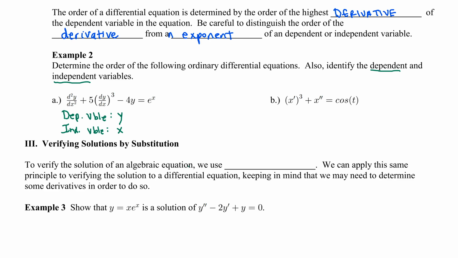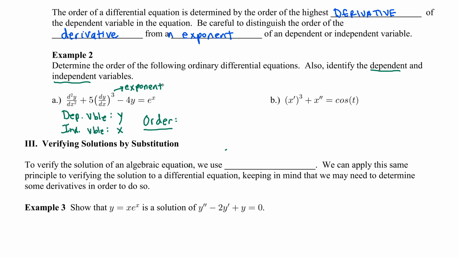Now, based on the definition that we've discussed, what do you think is the order of this differential equation? Did you say 3? If you said 3, notice that this is an exponent on the derivative. It is not an order of the derivative. That's simply the first derivative raised to the third power.